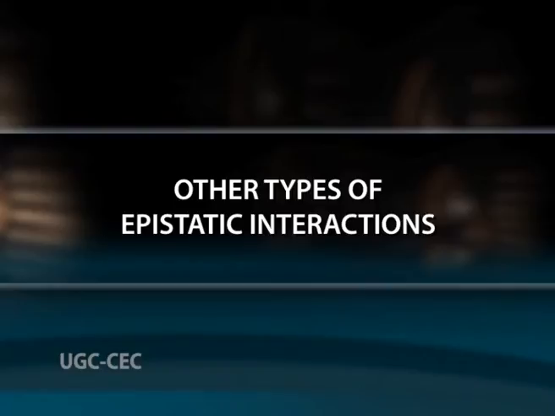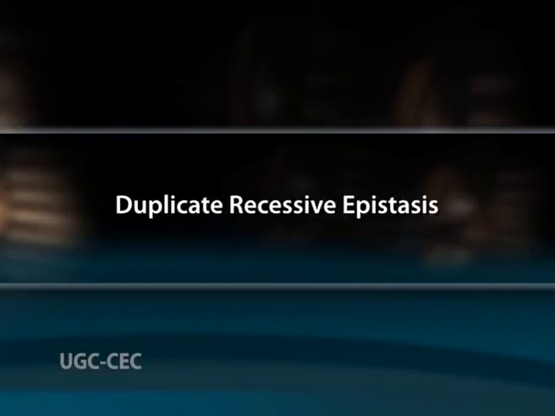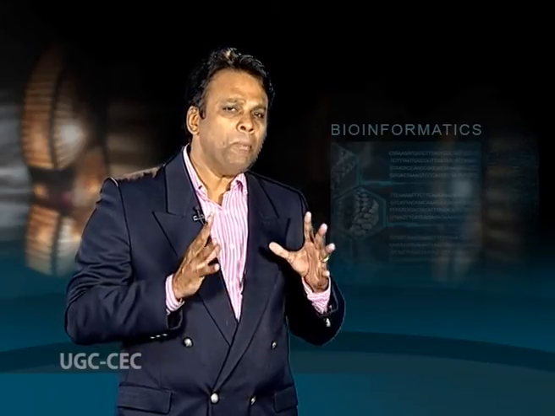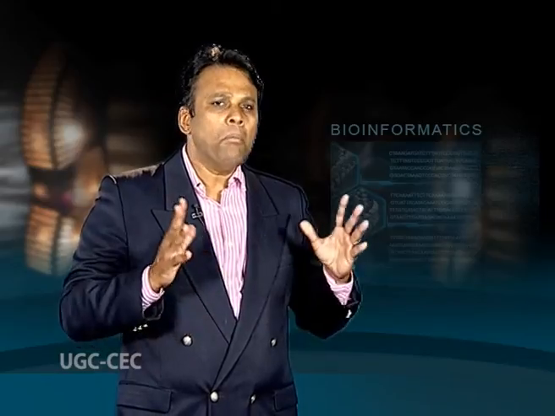Now, let us look into other types of epistatic interactions. One is duplicative recessive epistasis. Duplicate recessive epistasis is complete dominance at both gene pairs. However, when either gene is homozygous recessive, it masks the expression of the other gene.